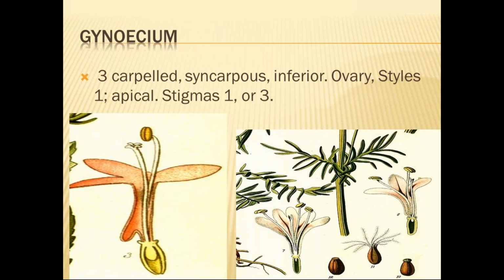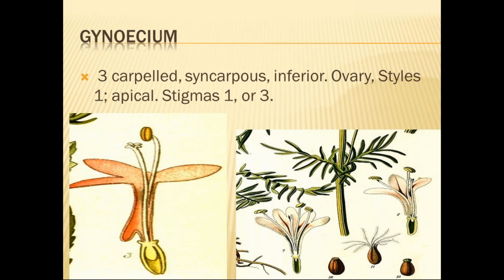Next is the gynoecium. There are 3 carpels, syncarpous, that is fused, with an inferior ovary, which is a very important character. The style is only 1. The apical stigma is 1 to 3 lobed, that is a maximum of 3 divisions on the stigma.